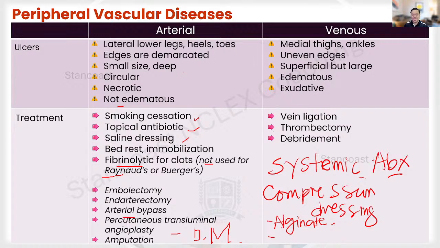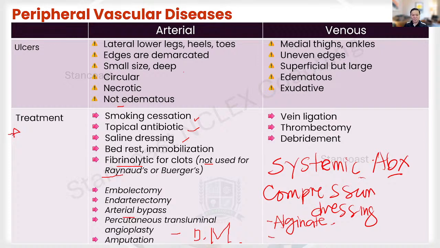Okay, now when we are talking about the nursing management, especially for the arterial type, especially not during the acute phase though, we're going to have to encourage the patient to exercise, and the reason for that is to build up the collateral circulation.